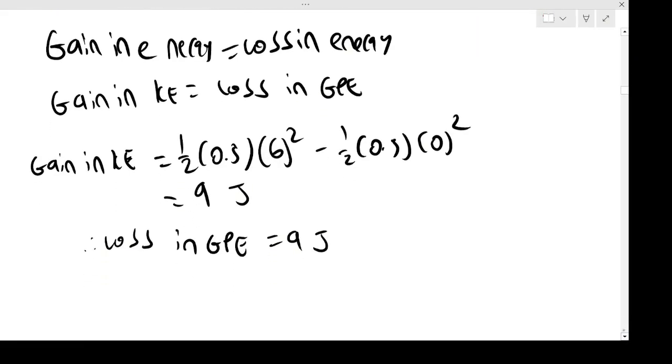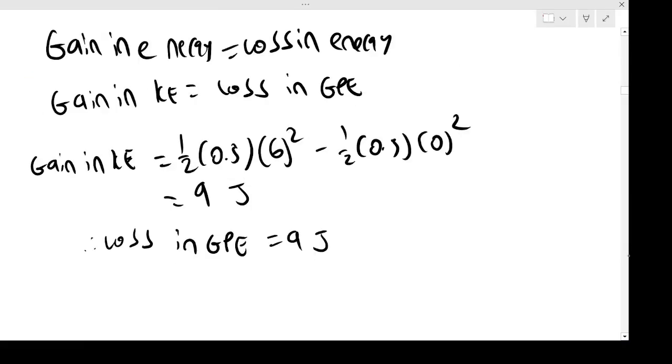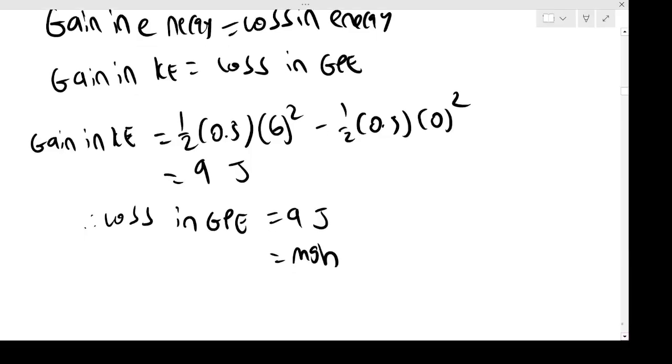But I can start to work out an expression for the GPE, because it's asking me for distance here. I know that's going to equal mgh, so 9 equals the mass 0.5 times g, 9.8, times h.